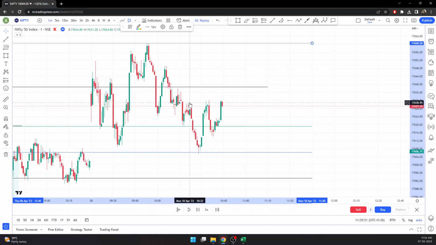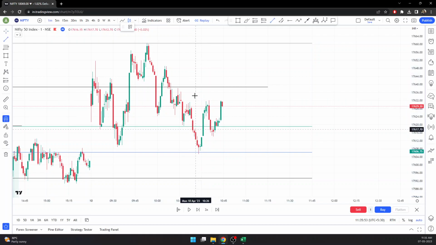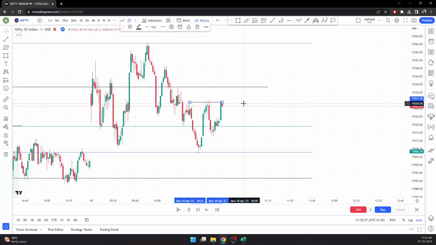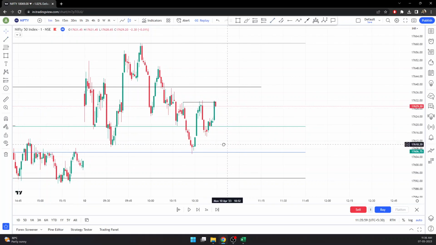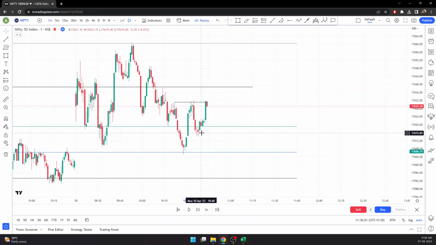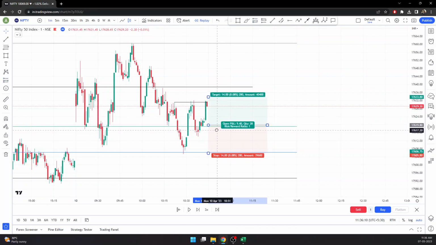But then we should be seeing some closing above these levels. So we can see we have closed above these levels, and the starting would be somewhere here. So the earlier lows, we are targeting to make entry somewhere here.